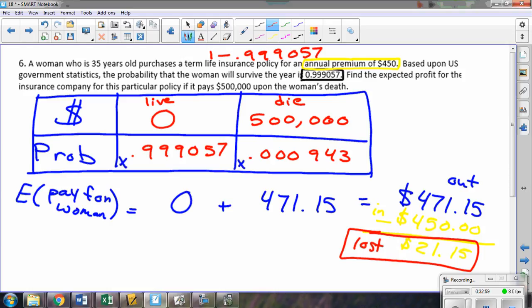For this particular insurance policy, and by the way, when you start talking about your car insurance, they do the exact same thing that we are doing. They do some statistics to calculate what is the probability that you, 17-year-old male, are going to get into a car accident. And then they calculate, based on the value of your car, how much money they are going to have to pay.